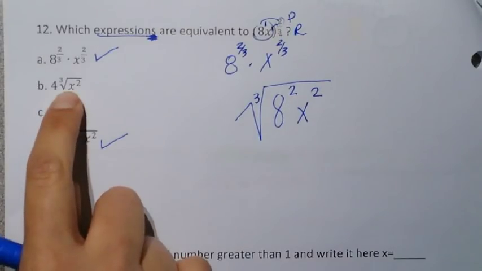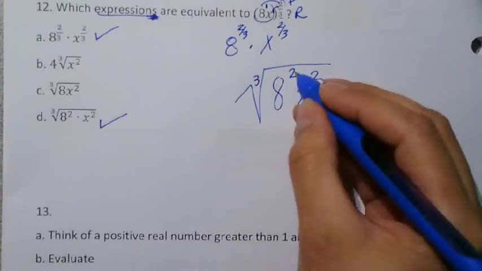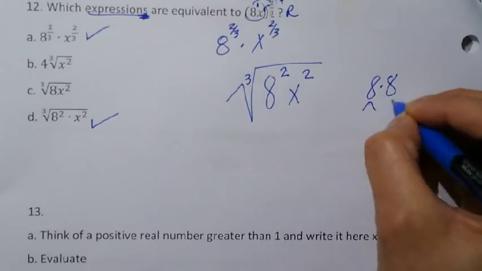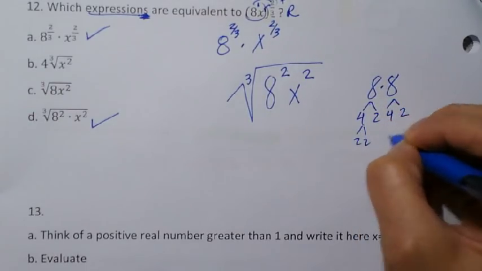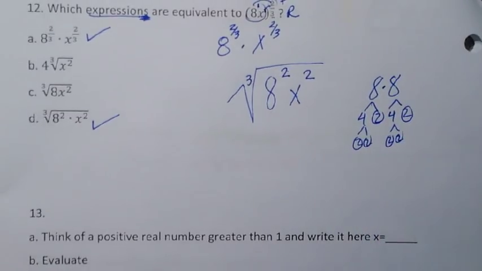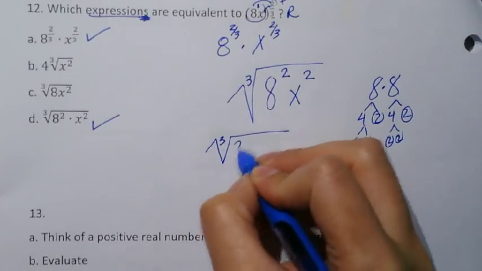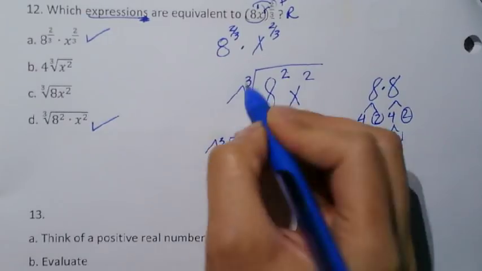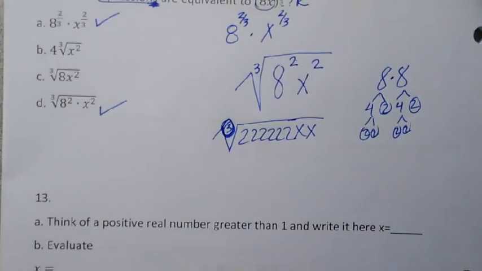This one, it looks like maybe I simplified it, so let's try it out. So 8 squared is the same thing as 8 times 8, or 64. So I would have 6 2's and 2 x's. Now remember the root index is 3, so we're looking for triplets. Okay?